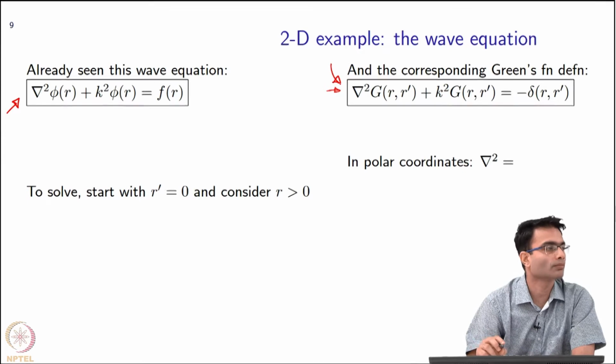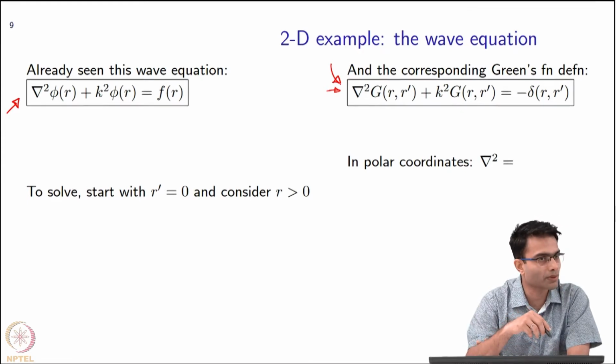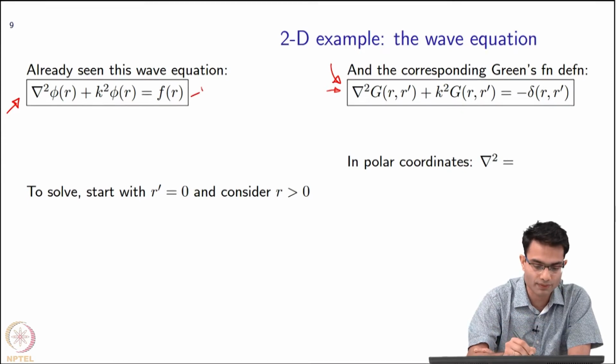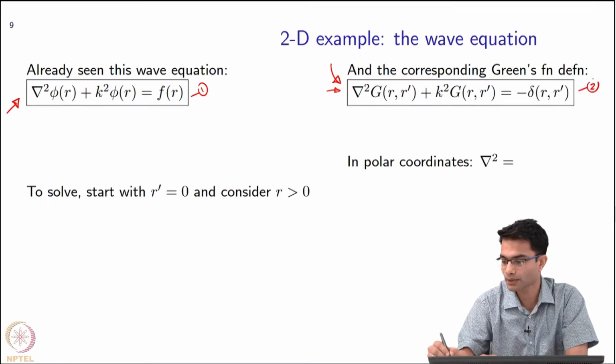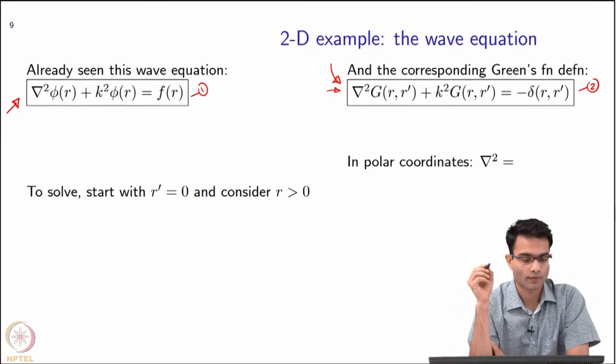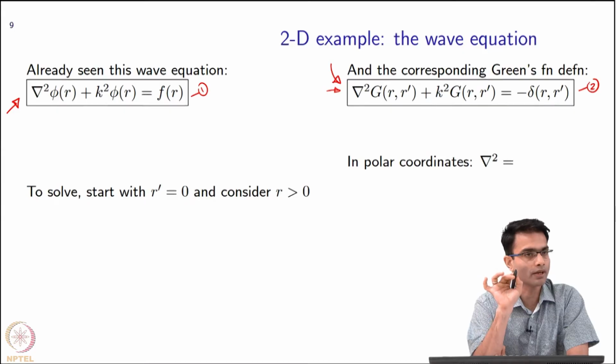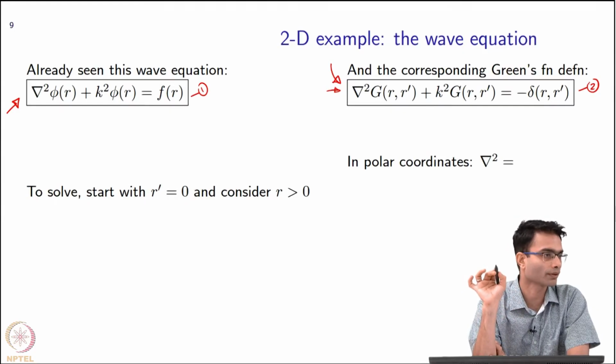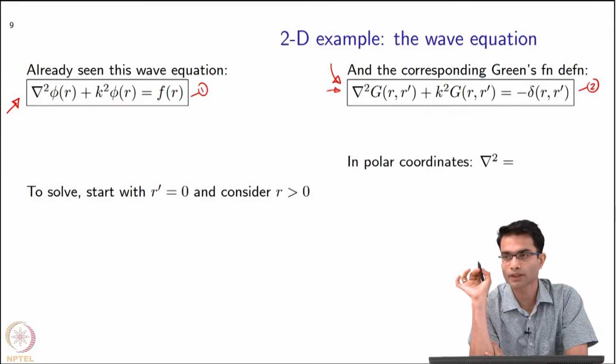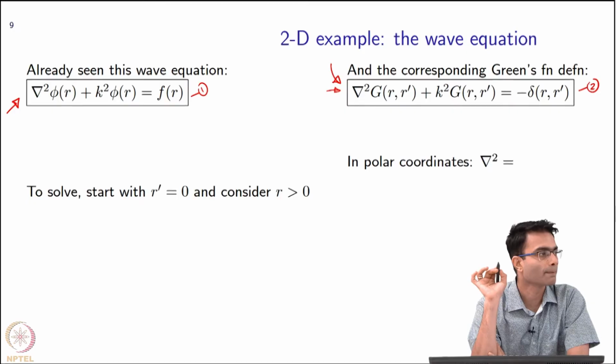Again, repeating from our previous few slides, what would be the recipe for these equations, say 1 and 2? What do I start with? Remember, the objective is phi in terms of g and f. That is what I want. For that I need g, right. So, of equation 1 and 2, what do I begin with? Equation 2 multiplied by what? F of r prime, right.